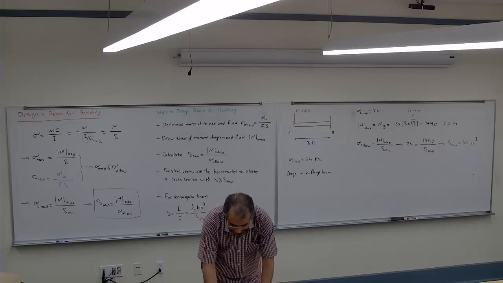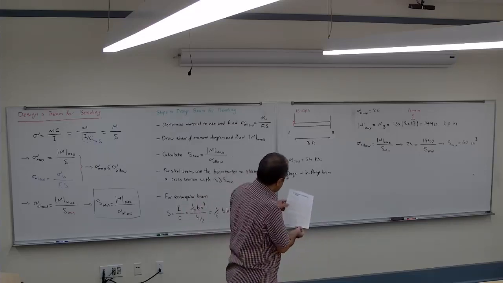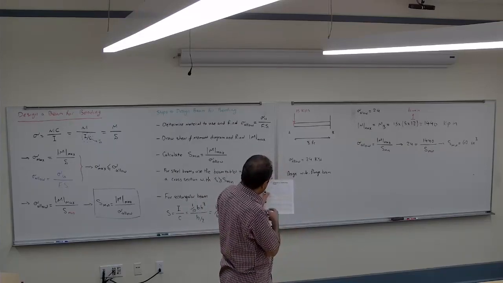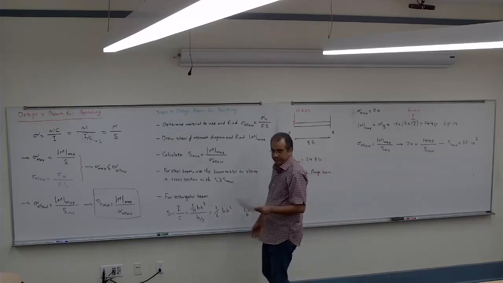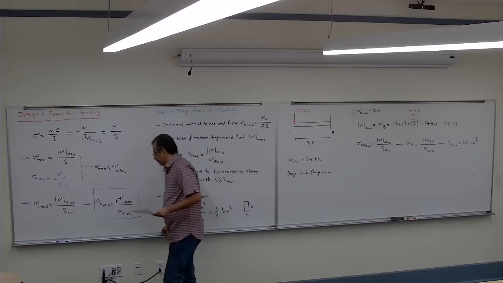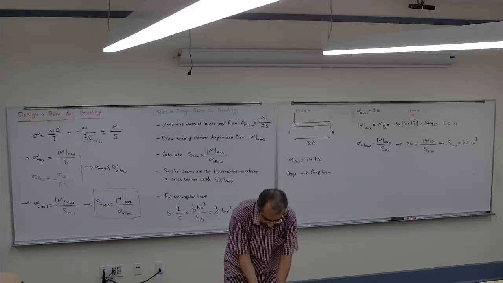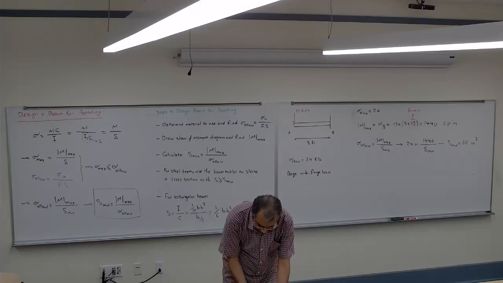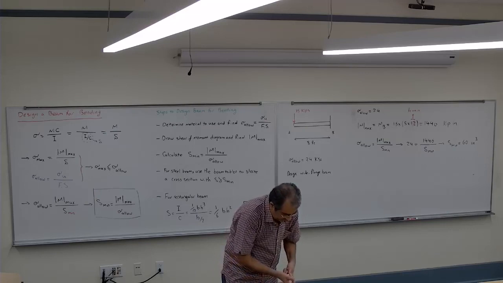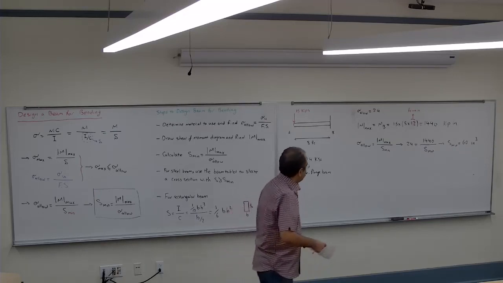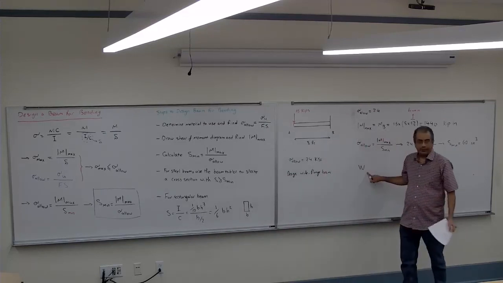So look at here. Usually the wide flange is written like that. For example, I'm going to write one of them. It's the W. When it's W, it means the wide flange.